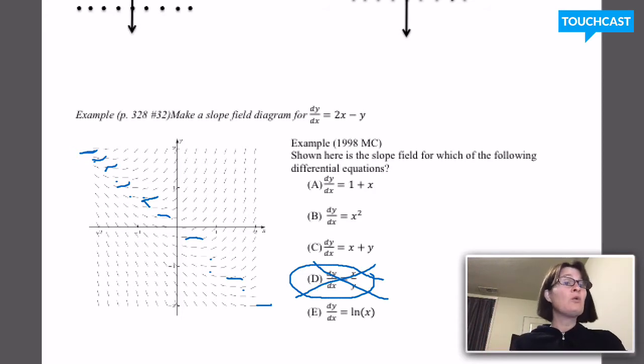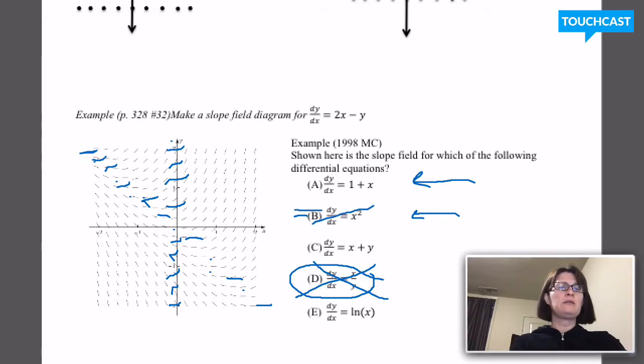I could ask myself, well, when would each of these possible answers have a 0 slope? So look at this. dy/dx equals x squared. No matter what I plug in for x, am I ever going to get a negative answer? No. The only value of x that's going to give me 0 as the slope is if I let x equal 0. So for this one, I might expect to see horizontal line segments along the y-axis where x is 0, but that's not what's going on here.